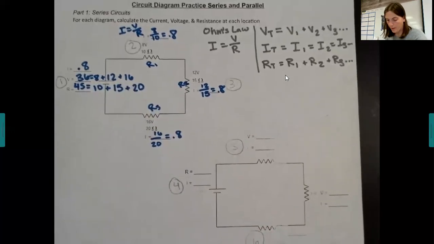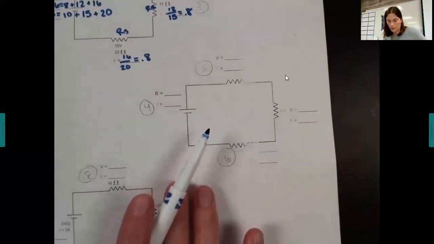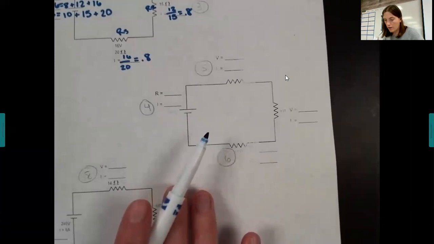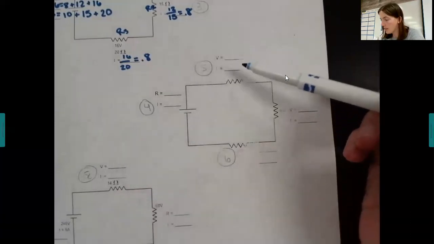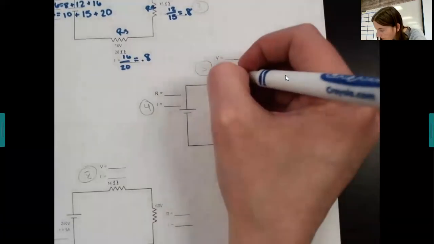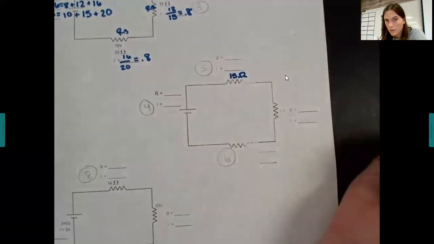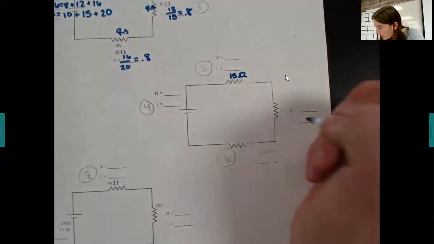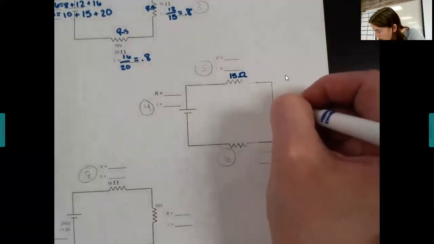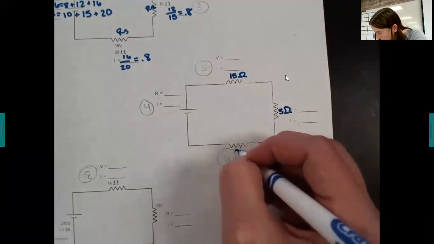A little bit of help with this second one, because it doesn't give us the same information. Oh man, that did not print out good at all. So this is 15 ohms, this should be 5, and this is 20.